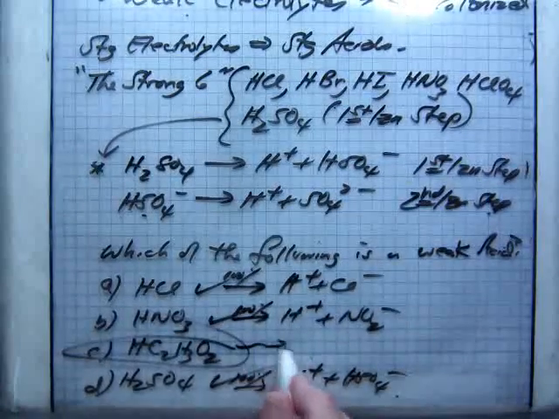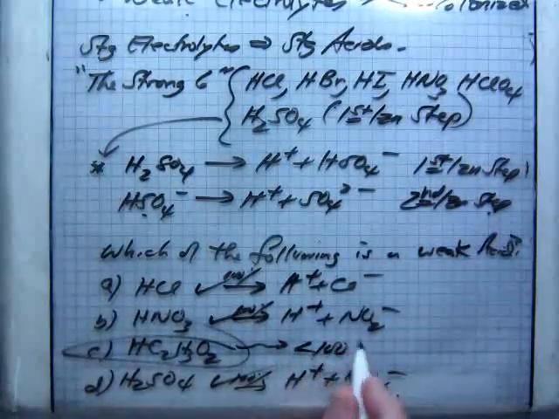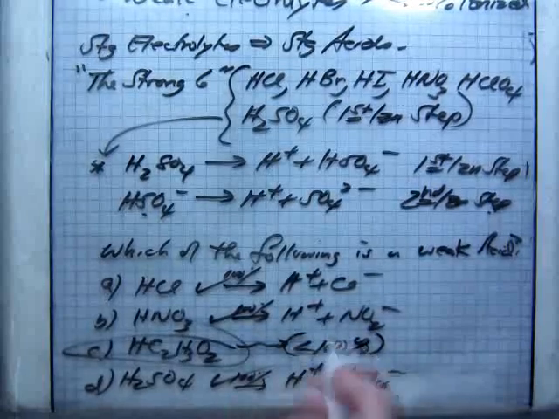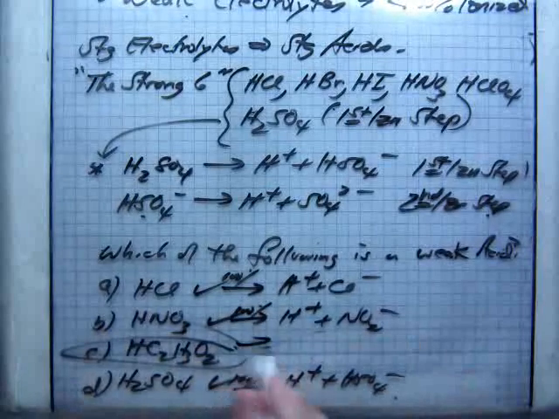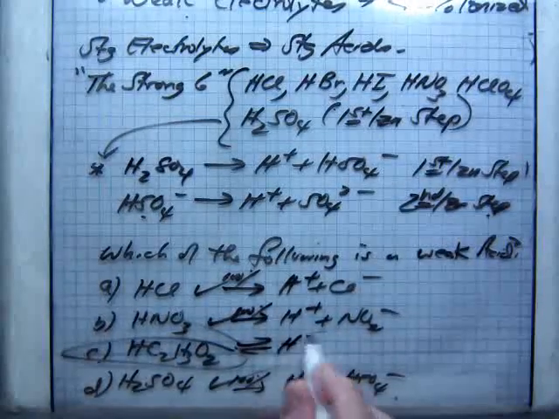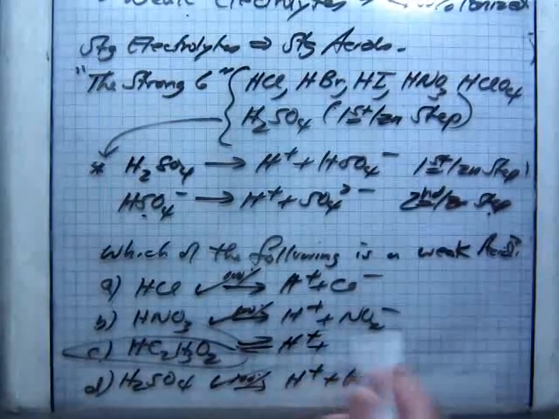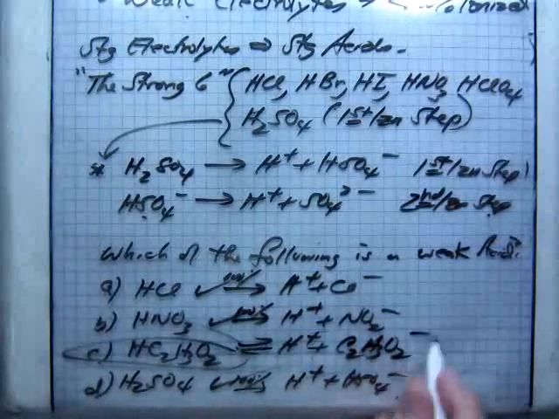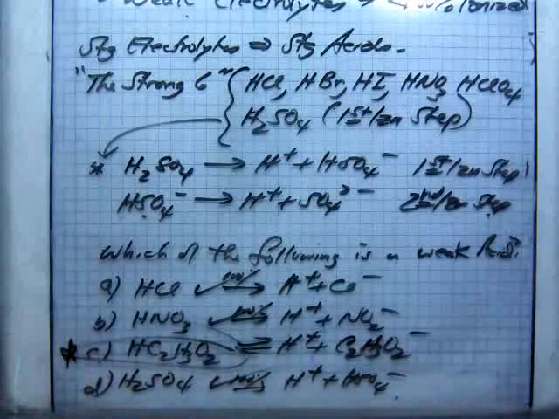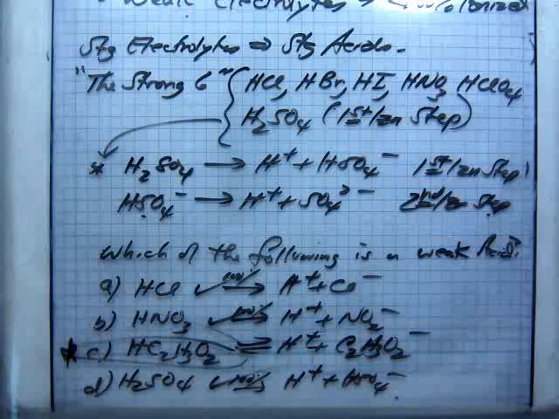But this one is less than 100% ionized, and you will find it in combination, not only this molecule, but you'll find it in equilibrium with ions of its hydrogen and your C2H3O2 ion. So that's the nature of a weak acid.